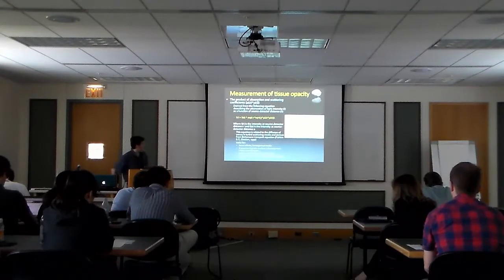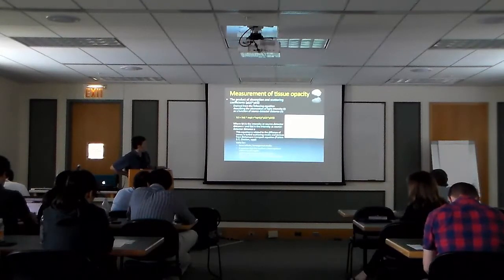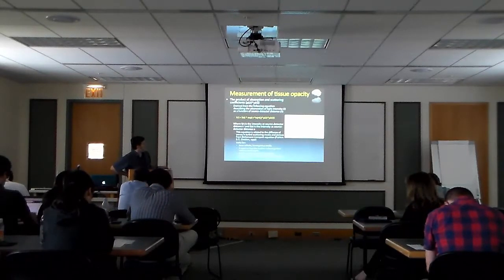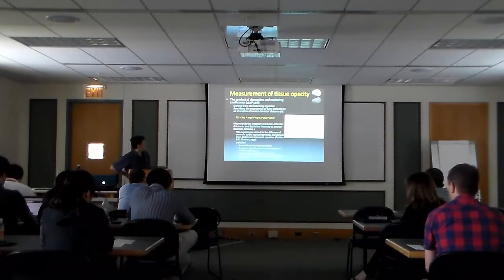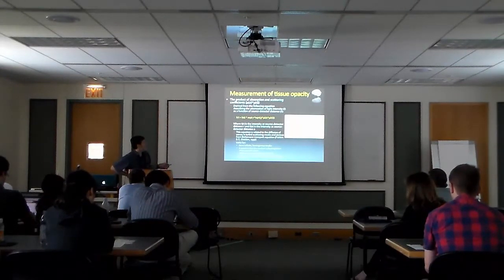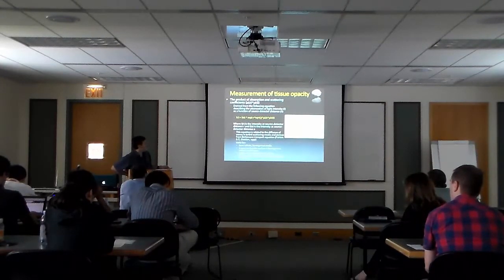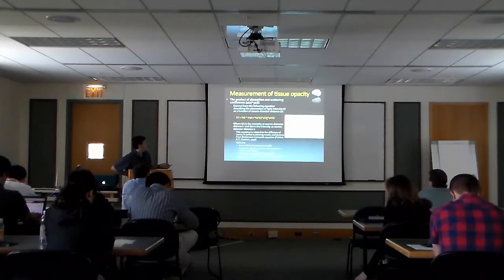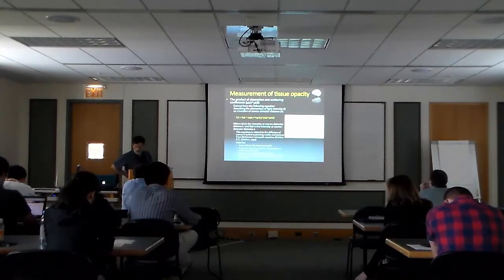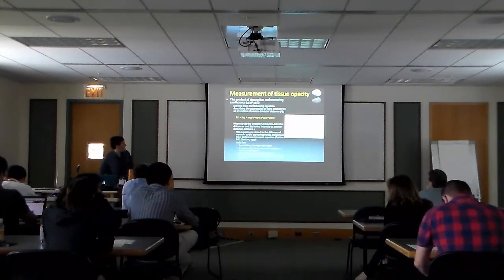The light decays with distance in a very characteristic fashion. Now, the exponent of this decay, basically the slope of this curve, is associated with the product of the absorption and scattering coefficients. So if you compute the slope of this function, you can derive information about the product of the absorption and scattering coefficients.